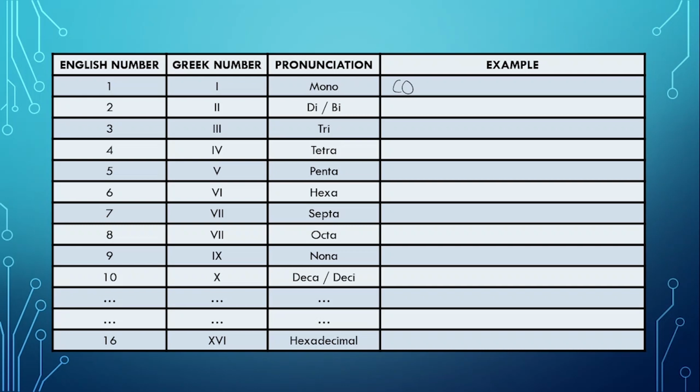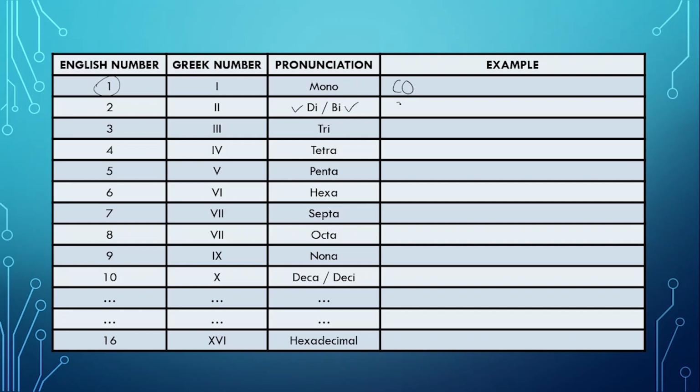Mono means one, that is one atom of oxygen is bound with the atom of carbon, and this bonding makes a compound called carbon monoxide. We also use the word mono in the case of electric dipole and electric monopole, which are very well-known topics of physics. Similarly, we use di or bi many times.